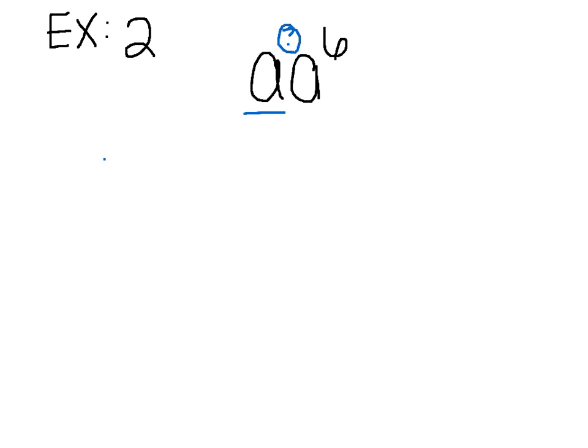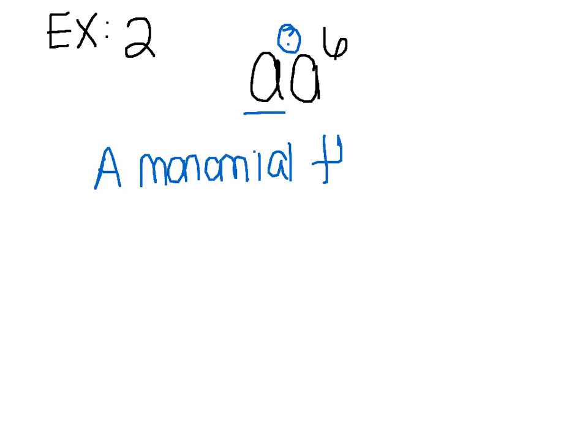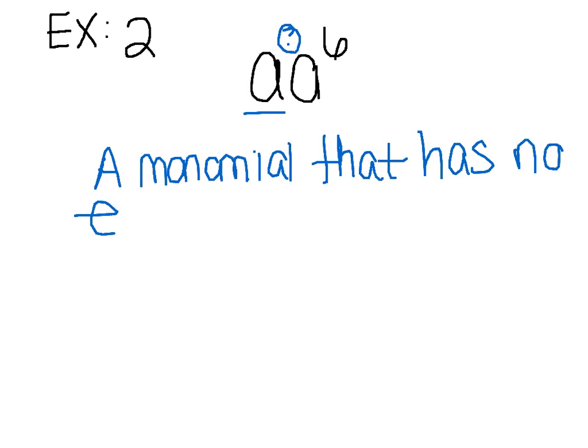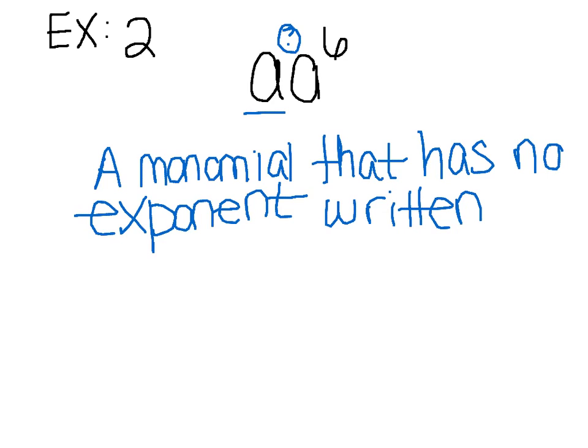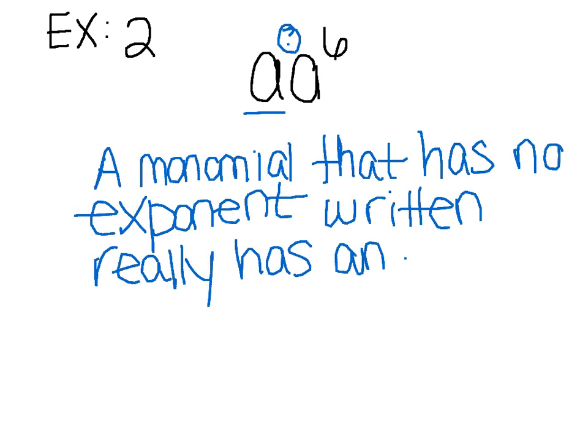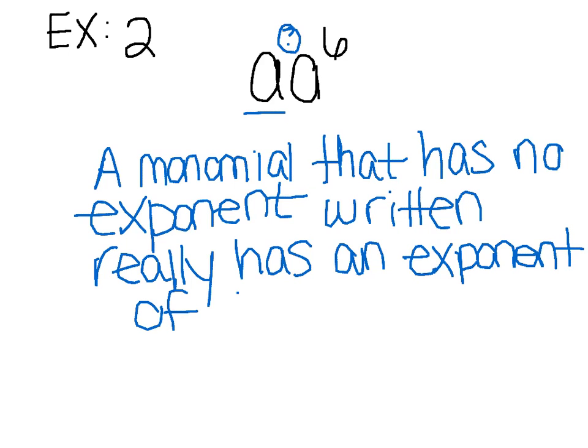Well, a monomial that has no exponent, and you should write this down, that has no exponent written, really has an exponent of 1. So my advice when you're solving particular problems like this would be to write out the exponent of 1.